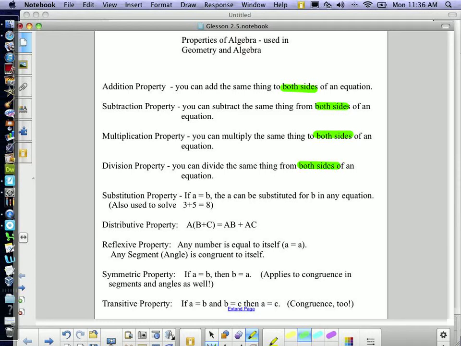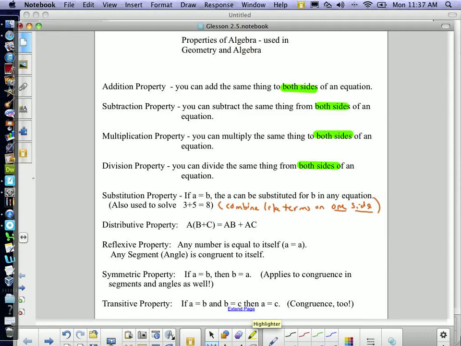That process of combining like terms. So after substitution, you might want to put in parentheses combine like terms, on one side. So if I'm combining like terms on one side, that's substitution.